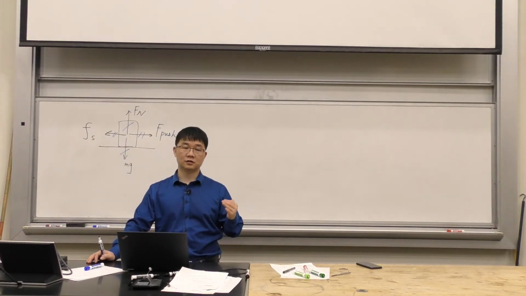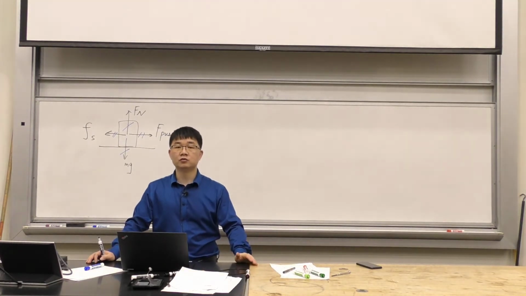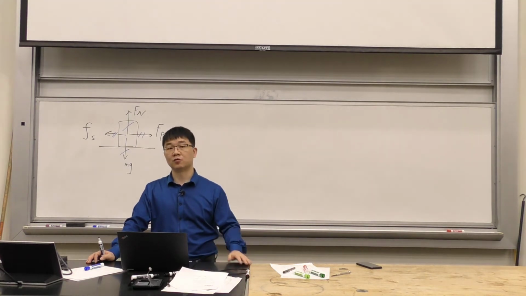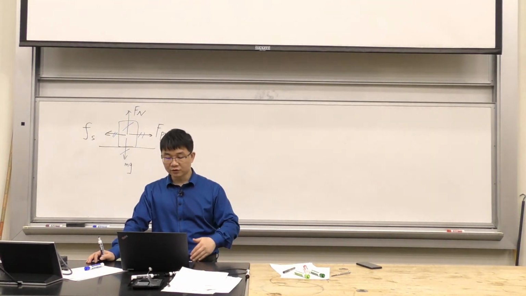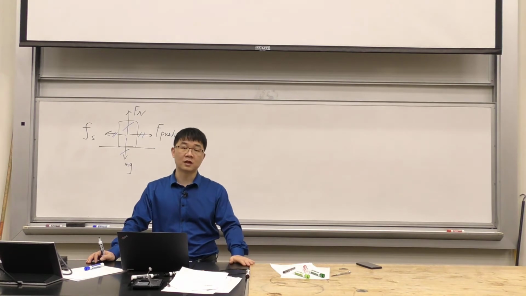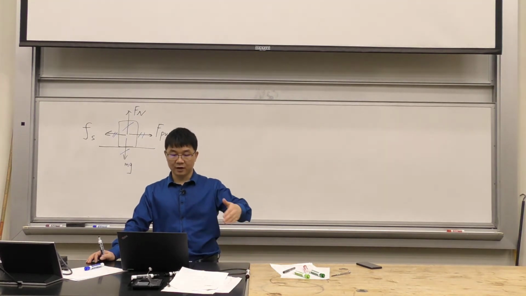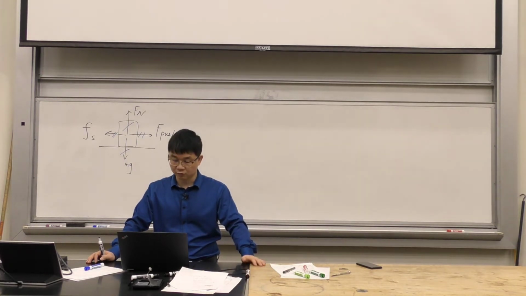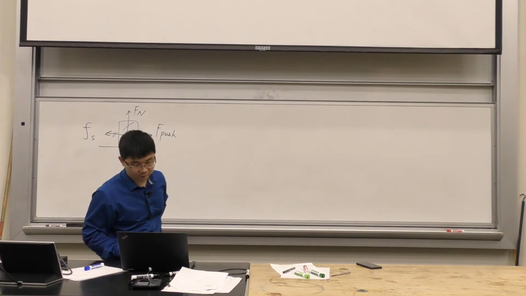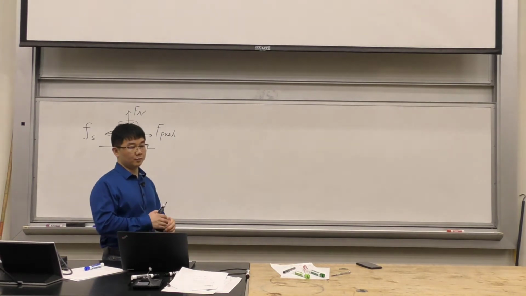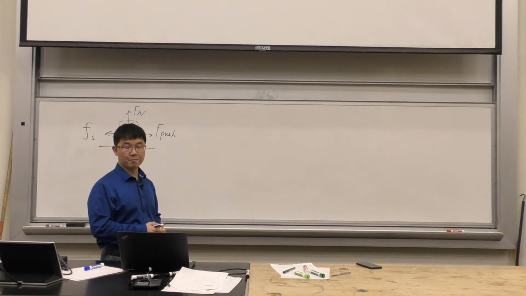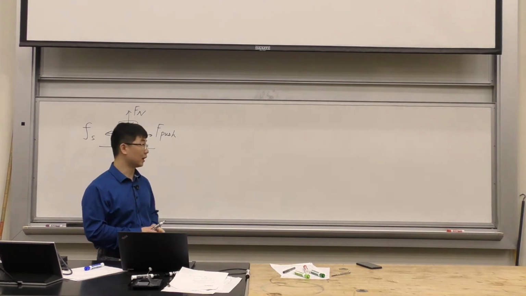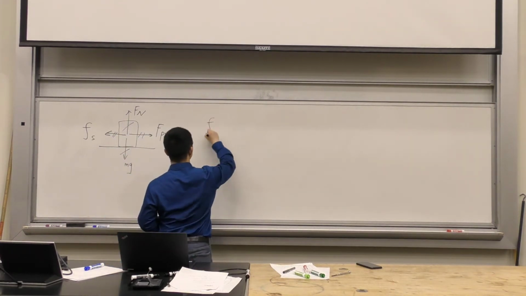If you want to get this box to move, all you need to do is overcome the maximum force. Once you have overcome it, it's not going to hold the object anymore, and the object is going to start to move. We have found an empirical equation to calculate the maximum static friction force, which is this equation.